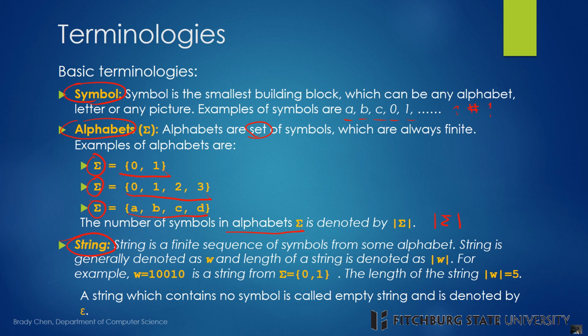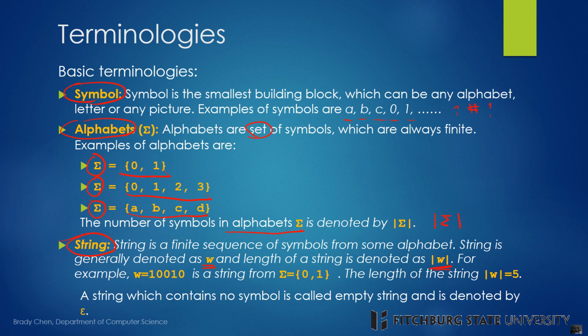A string is a finite sequence of symbols from some alphabet, and is generally denoted as W. The length of a string is the same as the number of symbols, and we put 2 bars on both sides.